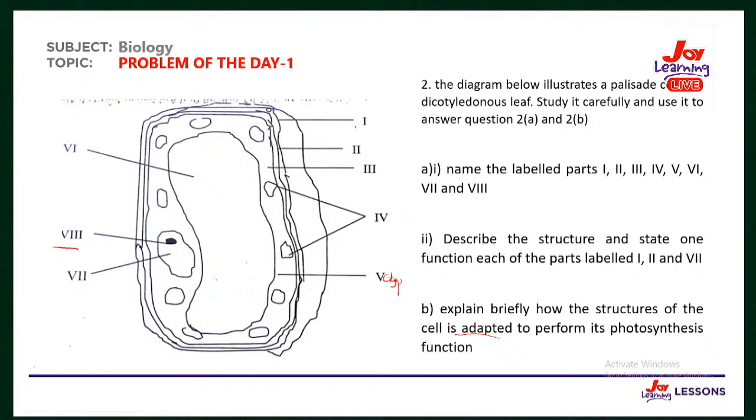So your cell wall, cell membrane, cytoplasm, your chloroplast, nuclear membrane, vacuole membrane, you have your nucleolus and your nucleus. These are what they expected of you.